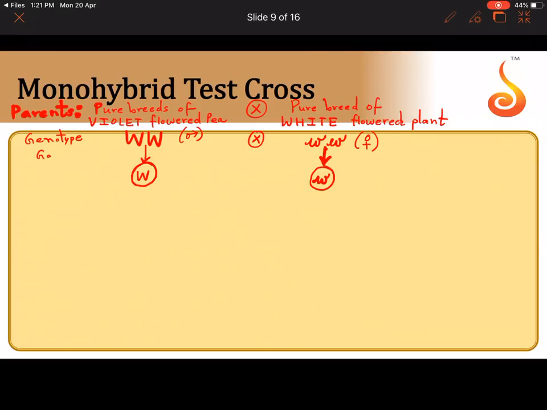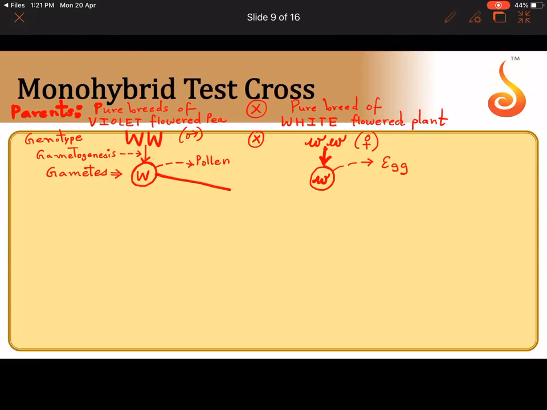So let me show here gametogenesis. The process of formation of the gamete is called gametogenesis, and let me write gametes. Now this you don't have to write, but for your understanding, this is pollen and this is egg.